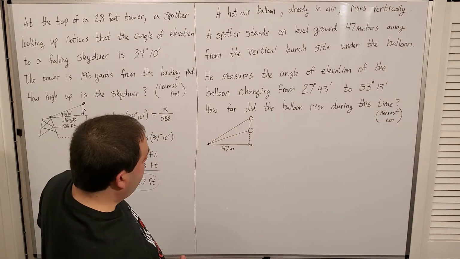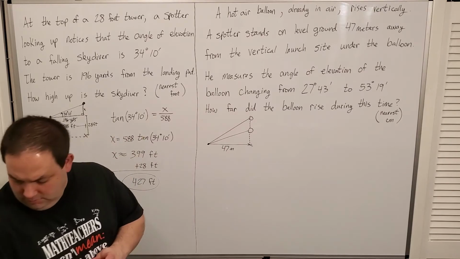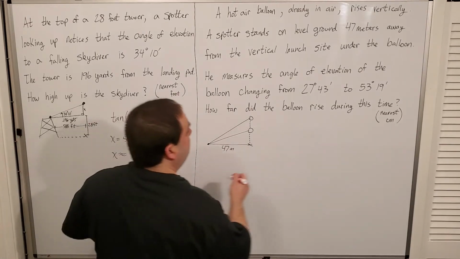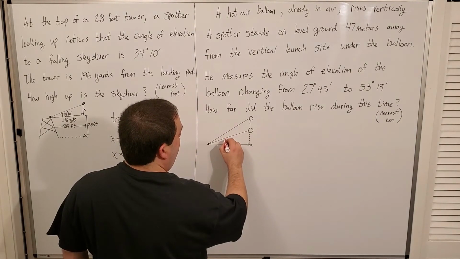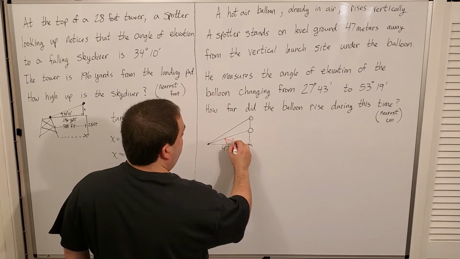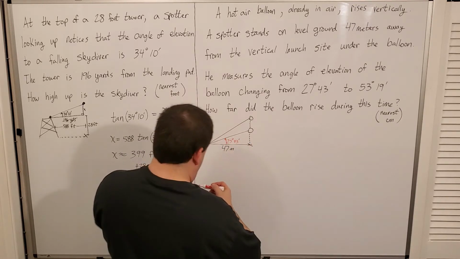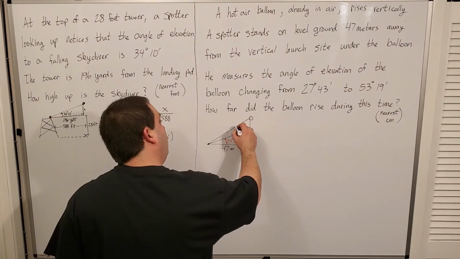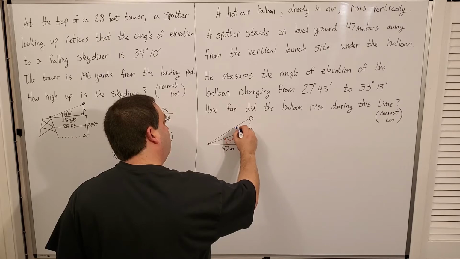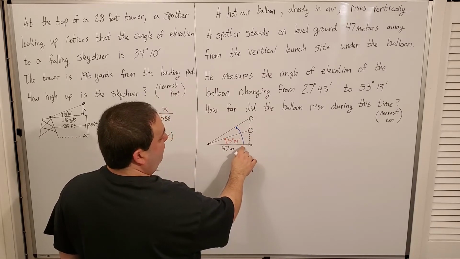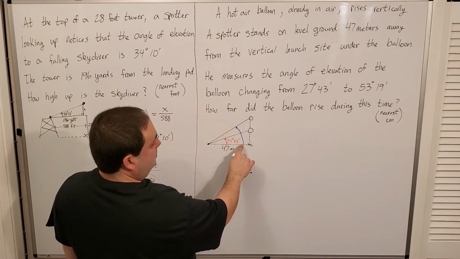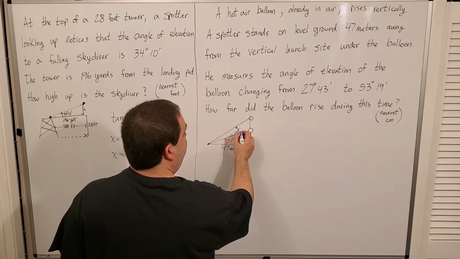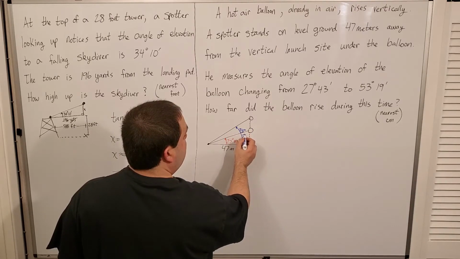Let me finish labeling the angles here. This angle right here is 27 degrees 43 minutes. And this angle right here, all the way from the bottom, both of them from the horizontal of the person, is 53 degrees 19 minutes.